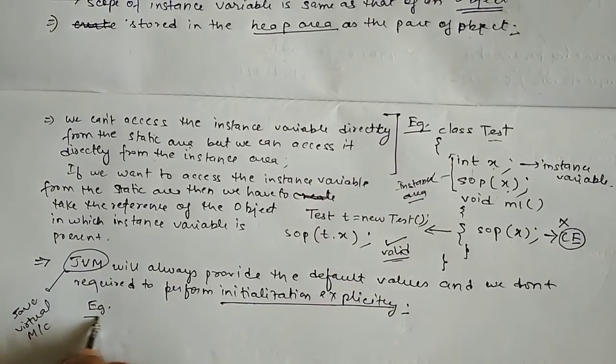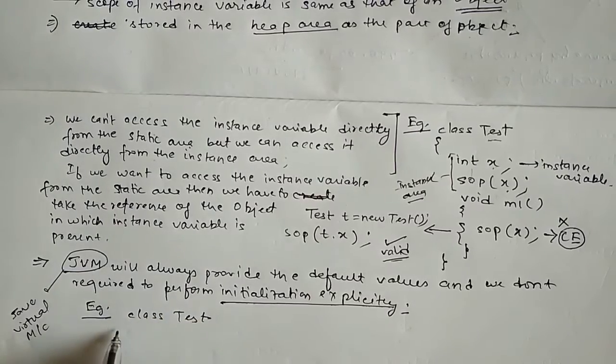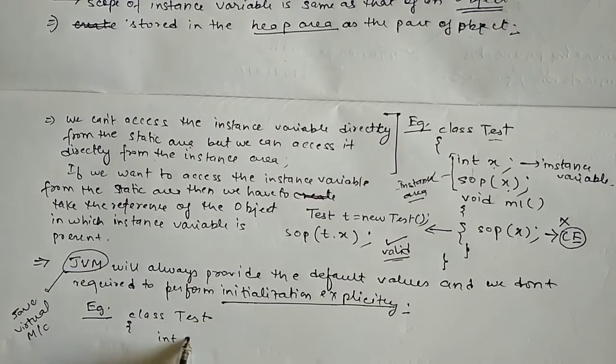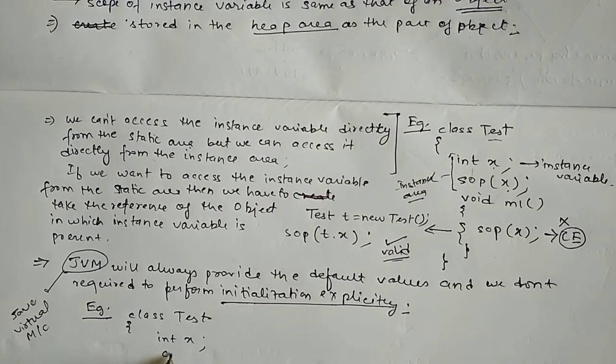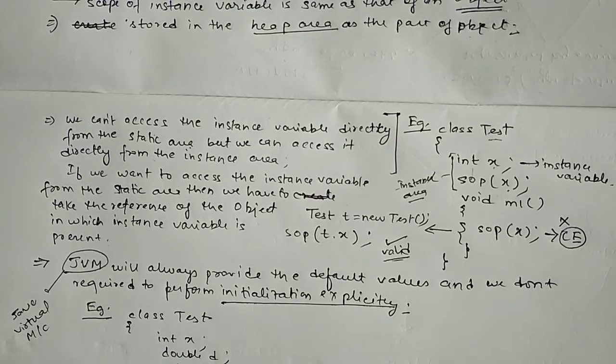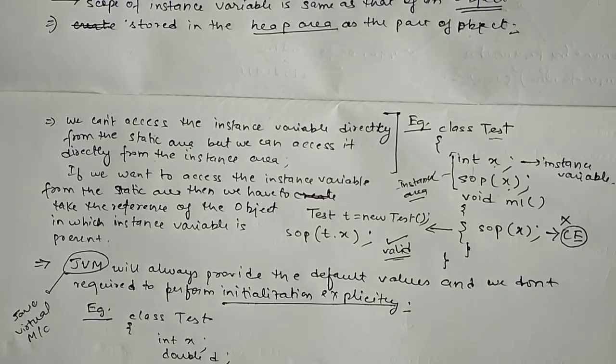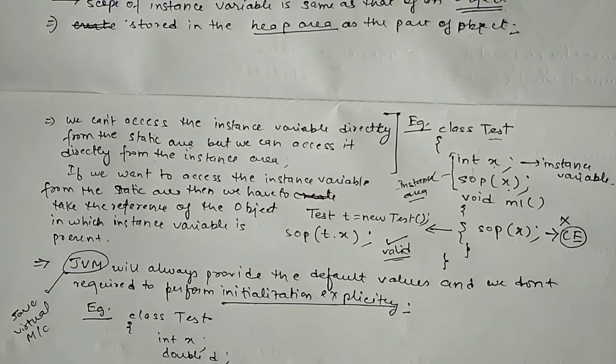So let's take an example. Suppose we create a class test, and in class test we have taken two instance variables, int x and double d, and public static void main, String array args.